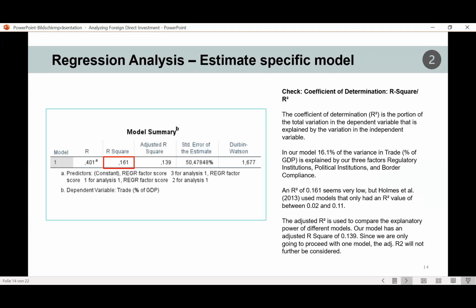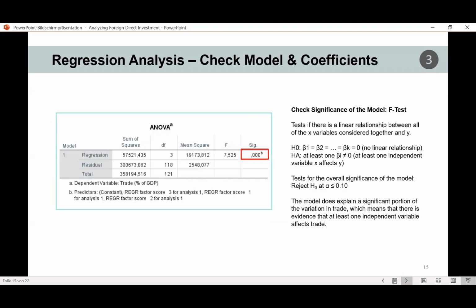The coefficient of determination, R square, first of all, shows how much of the total variation in the dependent variable is explained by our independent variables. As you can see, 16.1% of the variance of trade is explained by our 3 factors, which is not very high and could be increased by improving the model.